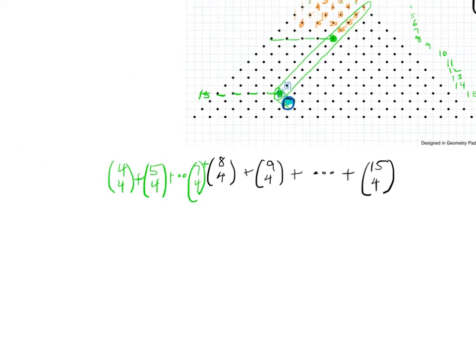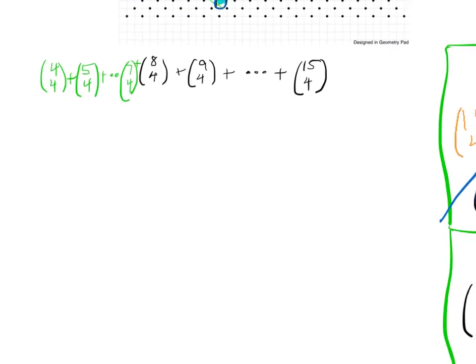Well, we know that all of this adds up to 16 choose 5, right? But that's not what we're asked to solve. We're asked to solve this stuff right here.